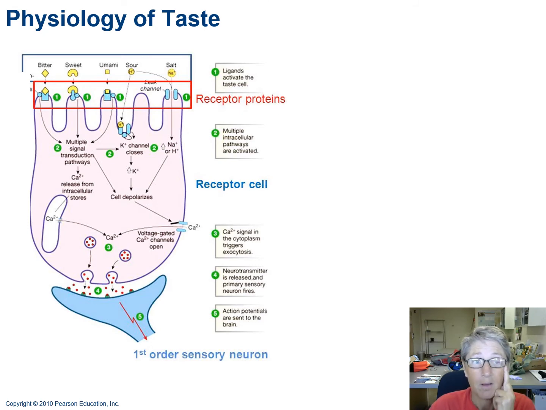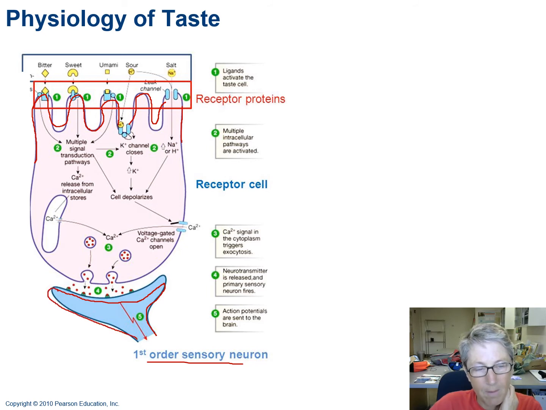So this is a better cartoon. This shows a single taste cell. So all these undulations that I'm tracing, these are the microvilli of the taste cell. And then here's the first order sensory afferent neuron.